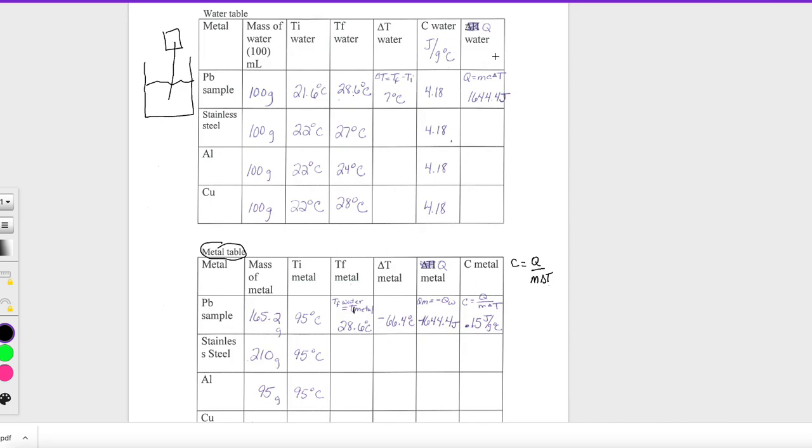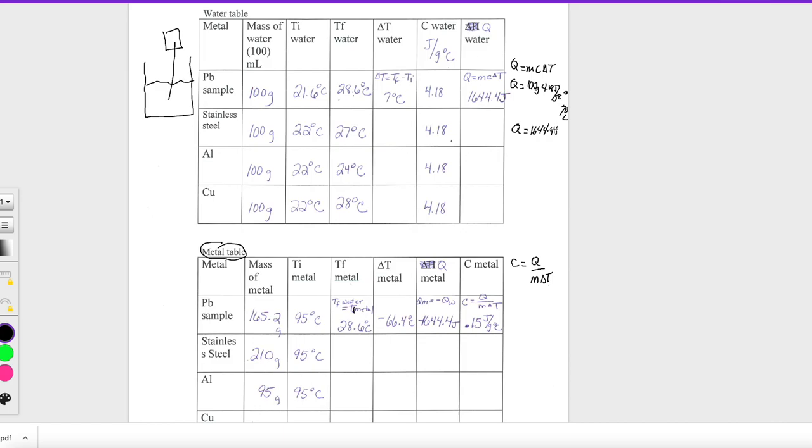So what you can do is go up and do this. The student could do Q equals MC delta T for the water. Q would equal the mass of the water, 100 grams, times 4.18 joules per gram degrees Celsius, times the temperature change of the water, which was 7 degrees Celsius.